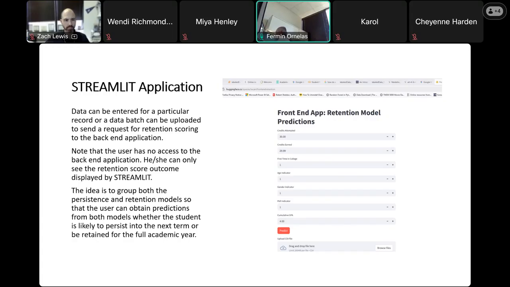But here, the user can upload a file or can upload specific data on a given student, and it will get the score for that student if it's only a student. But if it gets a file, it could be a CSV or an Excel file, then the whole file gets scored.